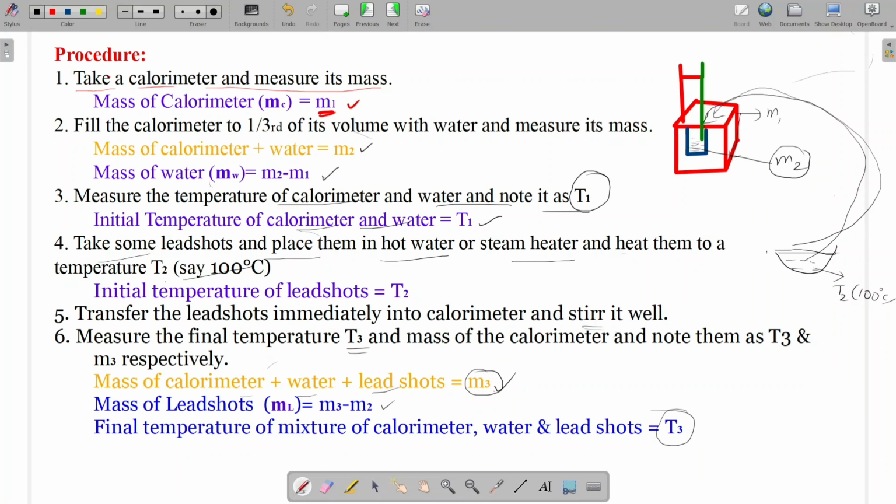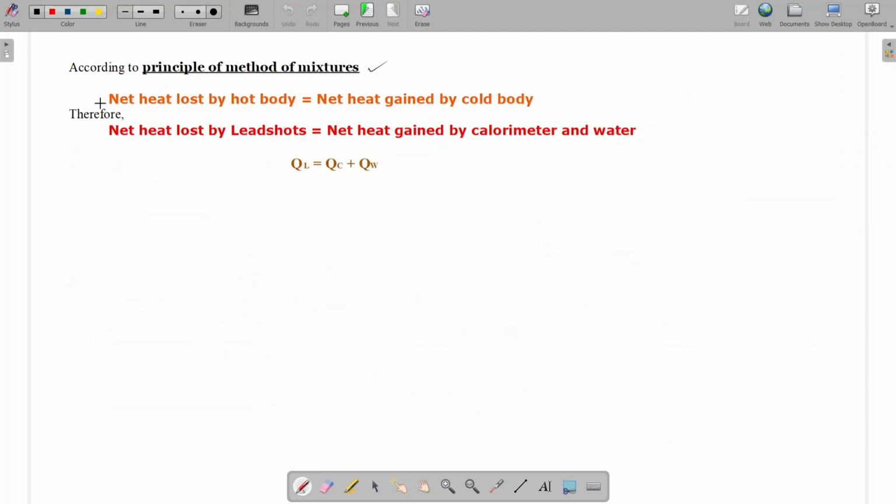So the lead shots are losing heat energy, whereas the calorimeter and water are gaining heat energy. Here the hot body is lead shots, and the cold body is calorimeter and water.